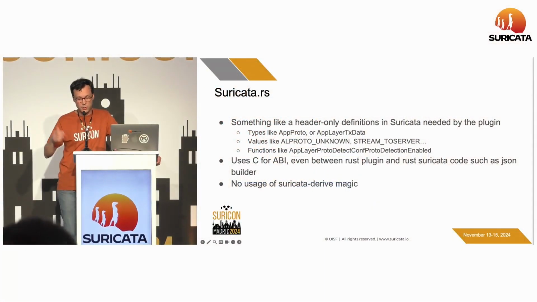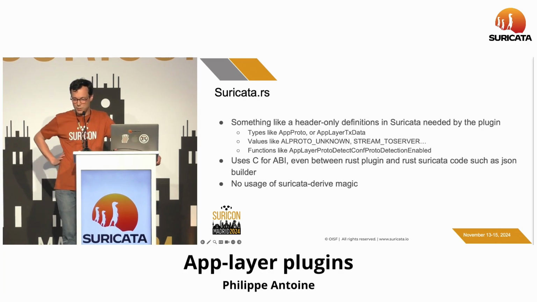So functions with their arguments and their types. So types definition, like a structure definition. And some values like, we will return ALPROTO_UNKNOWN if we do not have enough data at some point, or STREAM_TOSERVER. So we have to have the same definition between the plugin and Suricata.